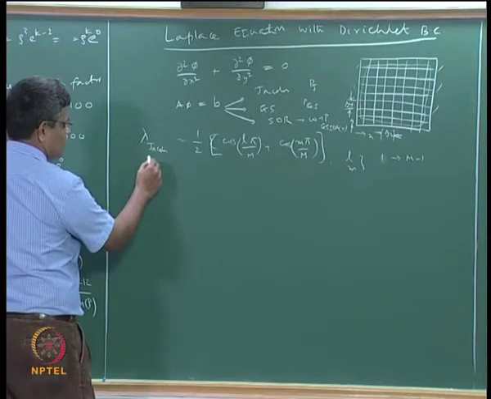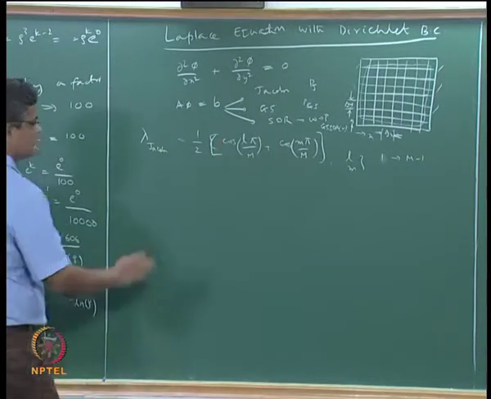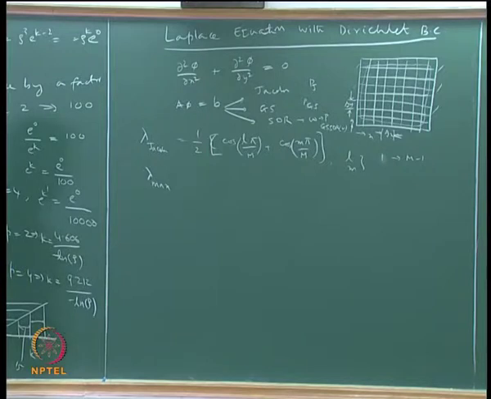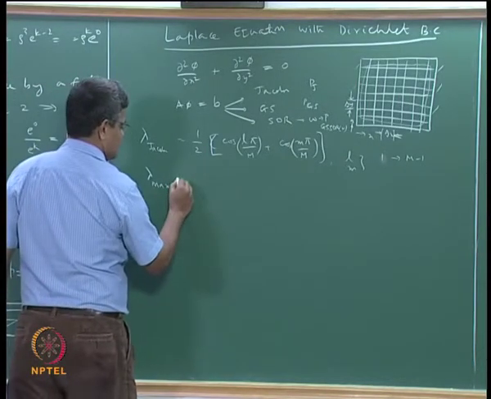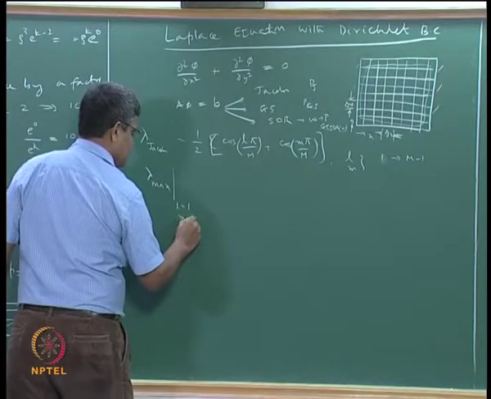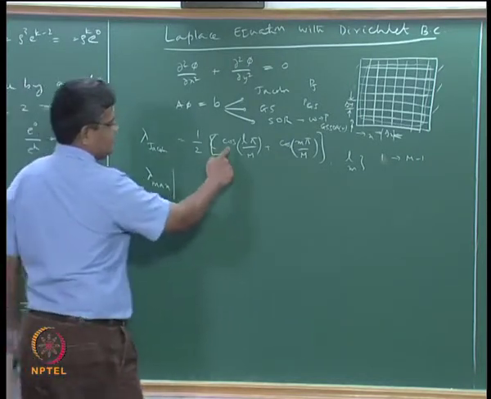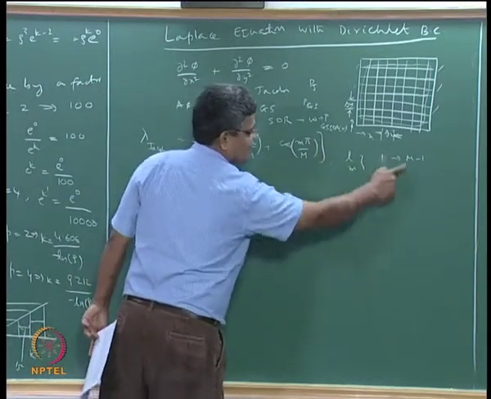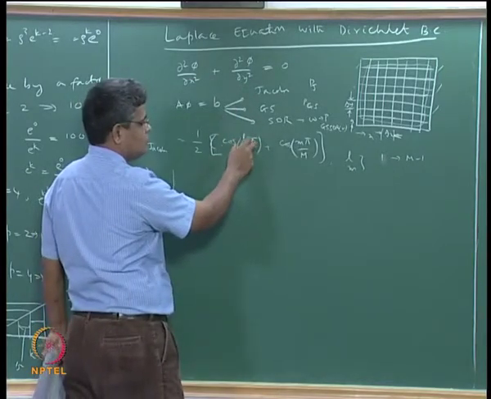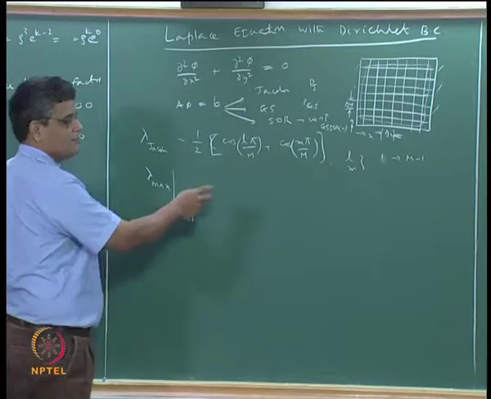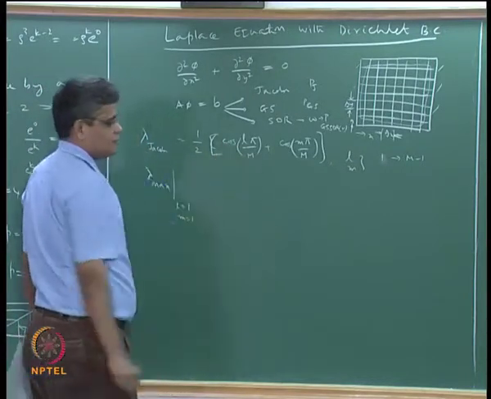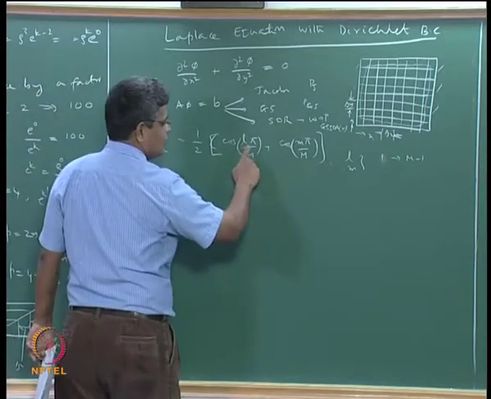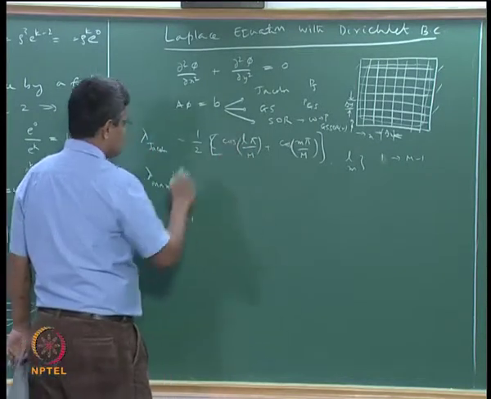What is of interest is not the whole set of eigenvalues, but only the maximum eigenvalue, and the maximum eigenvalue occurs when L is equal to 1 and m is equal to 1, because the maximum value of L or m is M minus 1. So this is only going to go between 0 and pi. Within that, the maximum value will occur when the argument is close to 0.